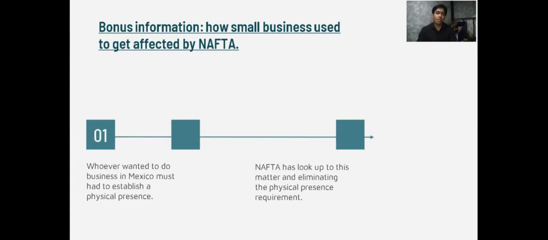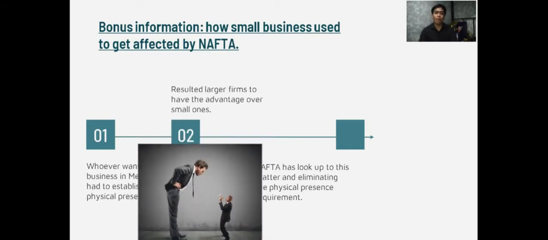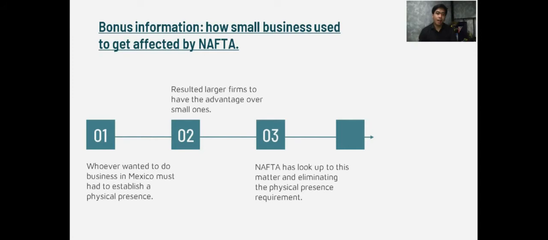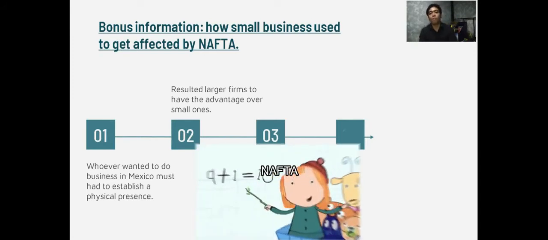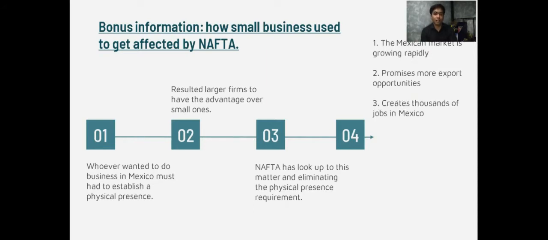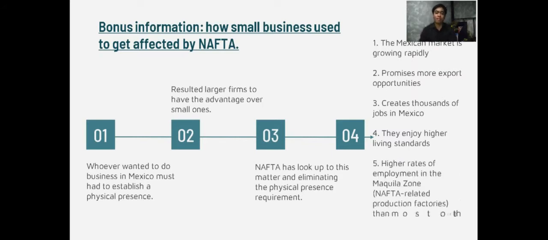So large firms had the advantage over smaller ones. NAFTA looked into this matter and eliminated the requirement for physical presence, which allowed small businesses to gain the following: the Mexican market is growing fast, it promises more export opportunities, and it creates thousands of jobs in Mexico.